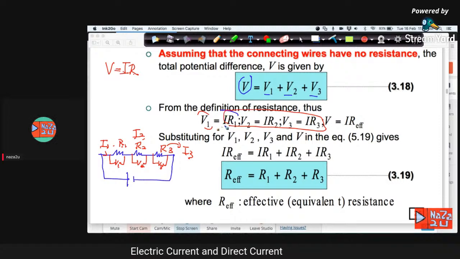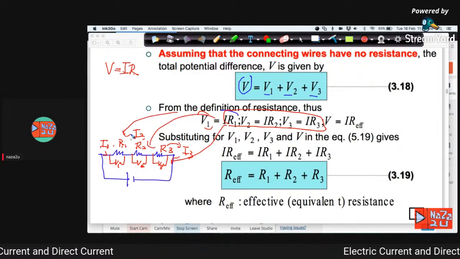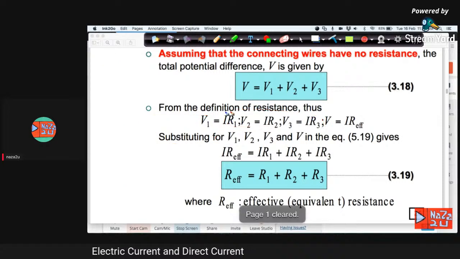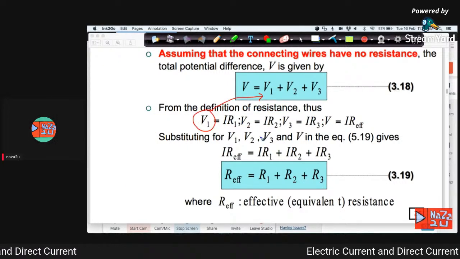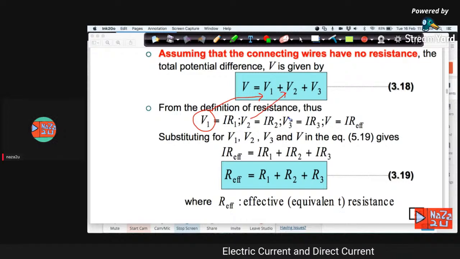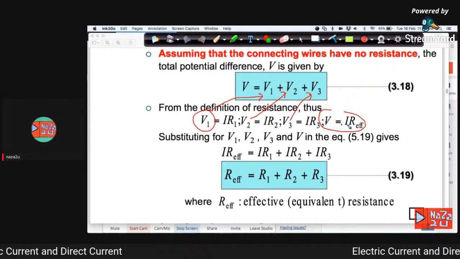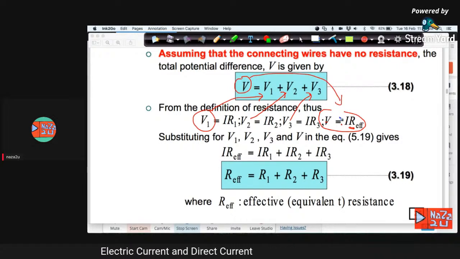Okay, ini setiap resistor. Right? So, lepas tu apa kamu buat? Kamu masukkan V1 ini kepada dalam sini, V2 ni masuk ke sini, V3 ni masuk ke sini. Dan V total, kita tahu V total yang dibekalkan adalah I darab dengan R total. So, ini masukkan di sini. Right?